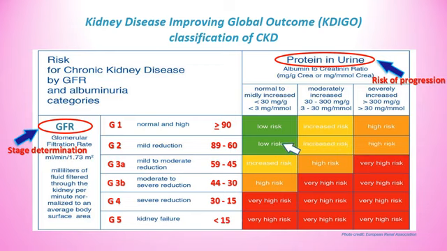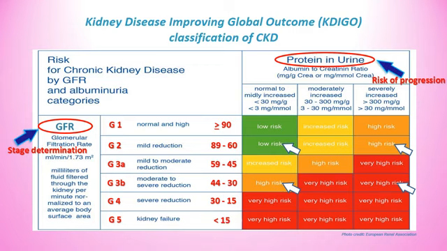If another patient of stage 2 comes with a urine ACR report more than 300, he or she will be placed in the high risk zone. Similarly, if a patient of stage 3B comes with a UACR report less than 30, he or she will be placed in the high risk zone, whereas another patient with a UACR report more than 300 will be placed in the very high risk zone, that is the fourth row, third column, red shade here.